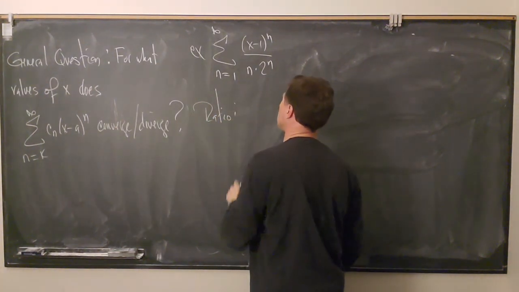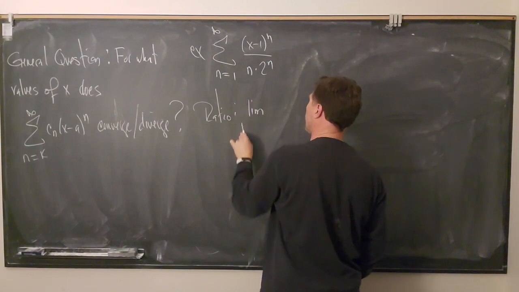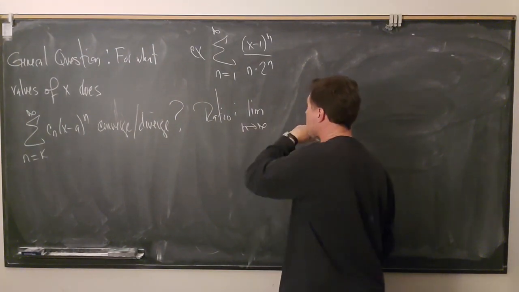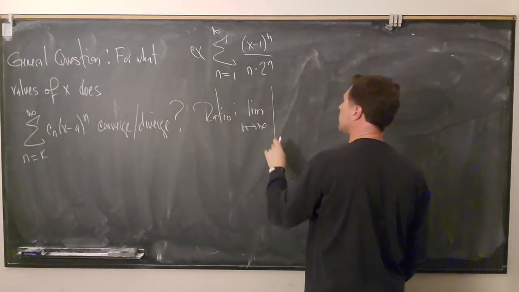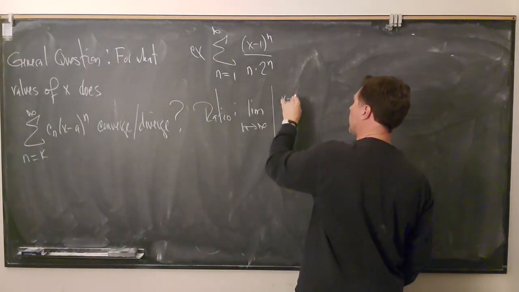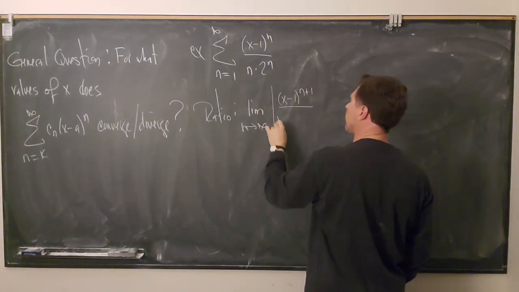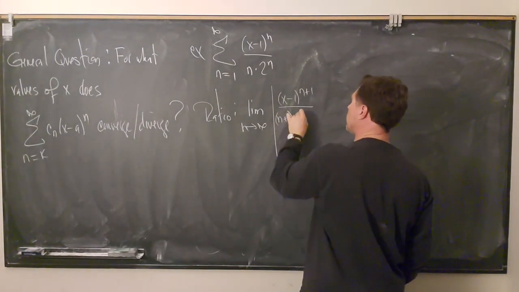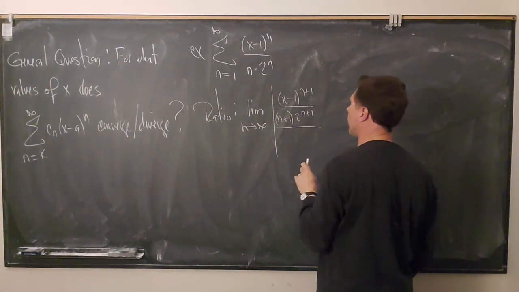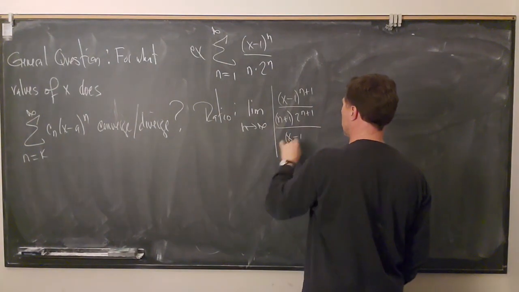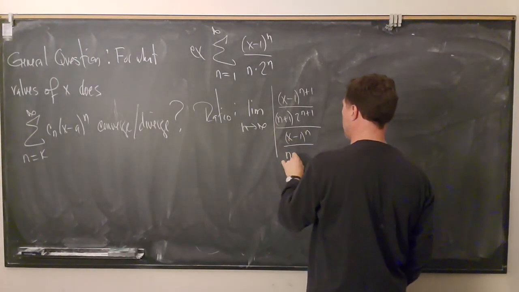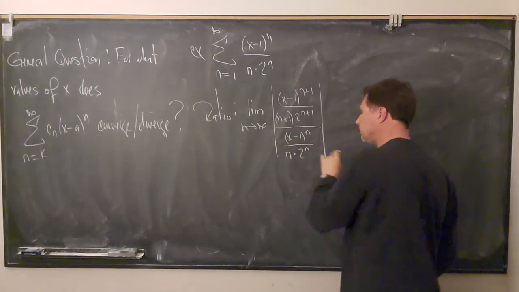So the ratio test says compute the limit as n goes to infinity of the absolute value of x minus 1 to the n plus 1 divided by n plus 1 times 2 to the n plus 1, divided by x minus 1 to the n over n times 2 to the n.